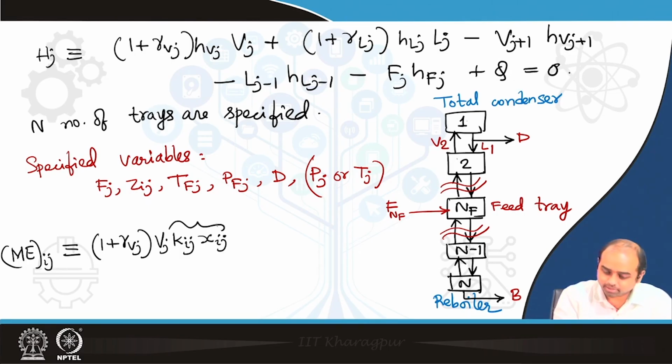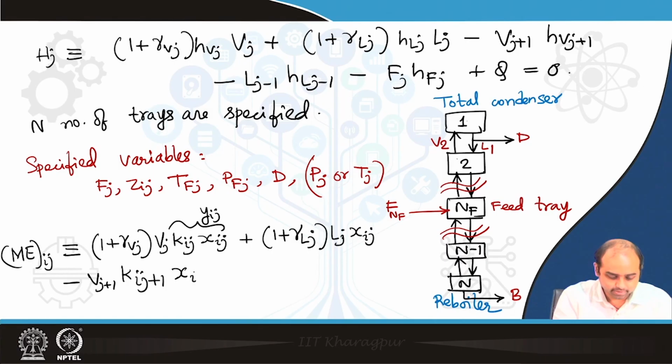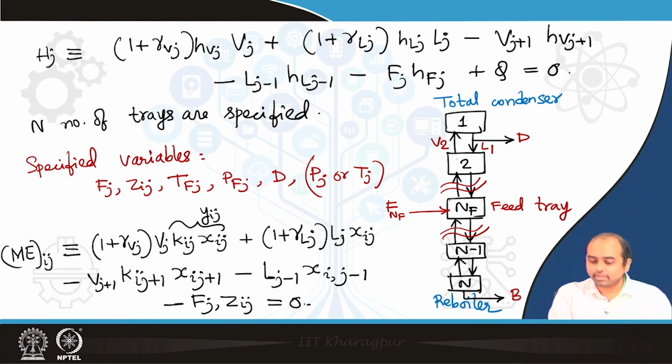So this part is nothing but your Yij before, plus you have 1 plus gamma Lj, Lj Xij, then minus Vj plus 1, Kij plus 1, Xij plus 1, minus Lj minus 1, Xij minus 1, minus Fj Zij is equal to 0, right? This is the MEj equation. I can write it down.